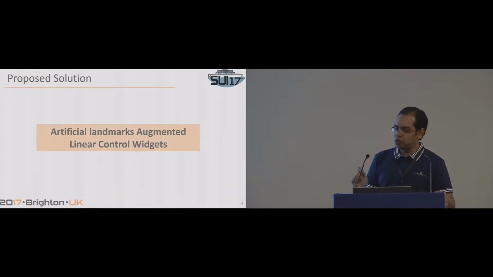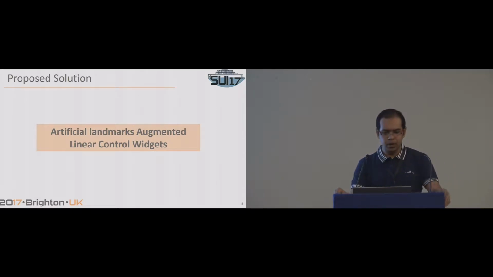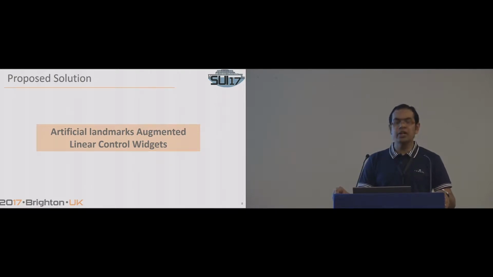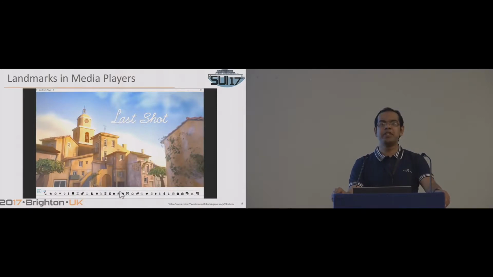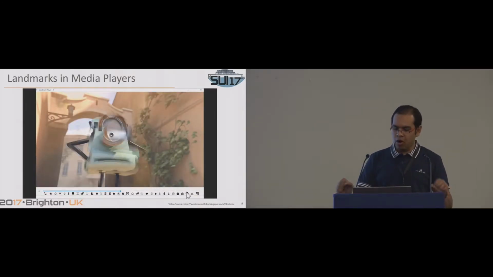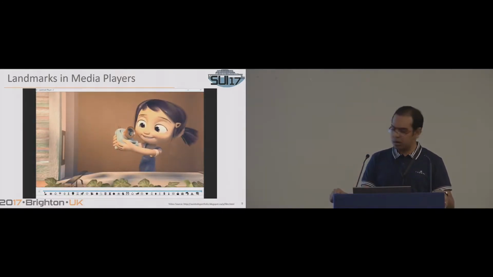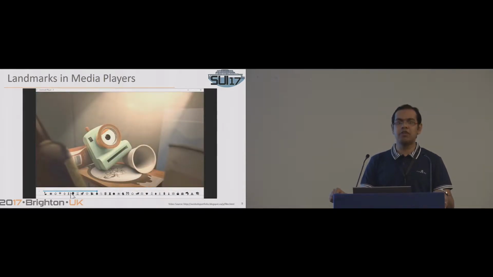So we propose to use artificial landmarks in linear document controllers to overcome the location revisitation problem. We augmented two different linear controllers, media players and PDF viewers, with artificial landmarks. First, the media players. We augmented the horizontal one-dimensional slider controller of a media player with two types of landmarks.